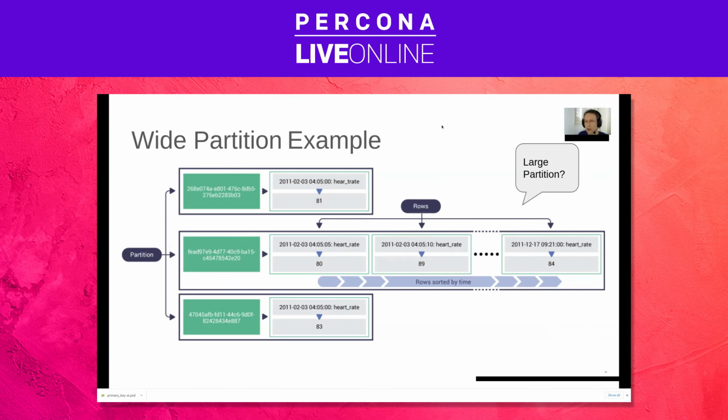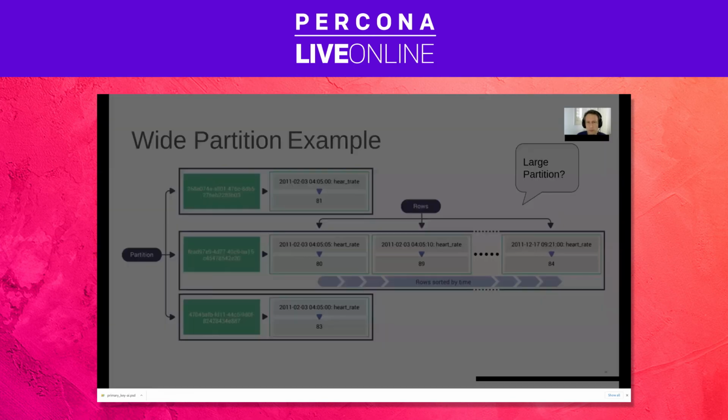If you query this row a lot, a large partition might lead you to a hot partition, because many of the reads will go to the same partition. So depending on your database, you try to evaluate how large a partition can be, and there are ways to bypass this problem if you have it. I will show it in a second.